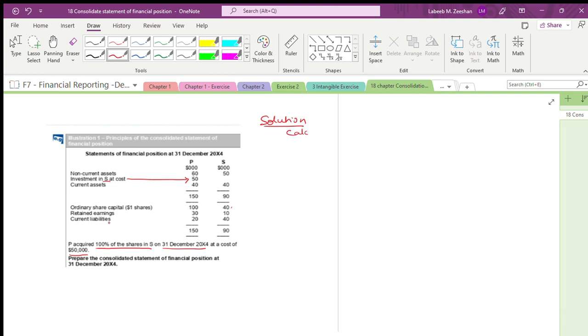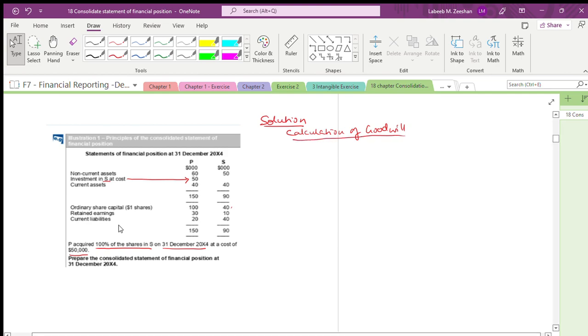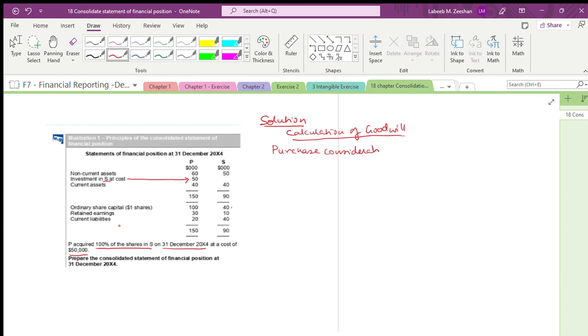Okay. Now, first you have to make sure of the calculation of goodwill. First you have to take the purchase consideration. This has not been given in the textbook, but we have to do it like this. How much is the purchase consideration? 50,000.